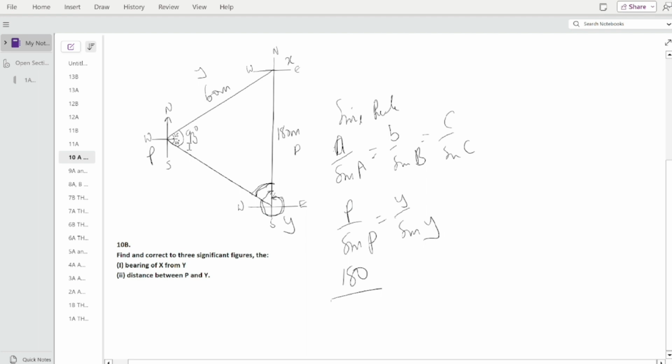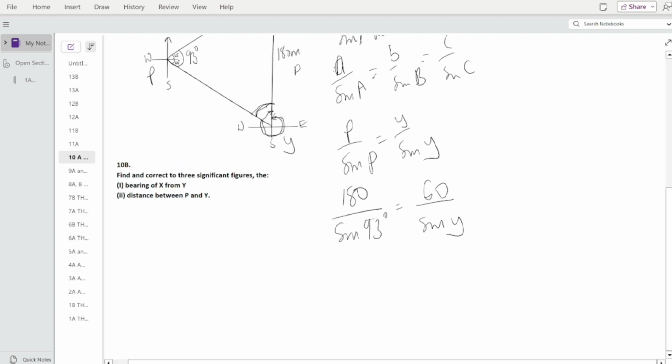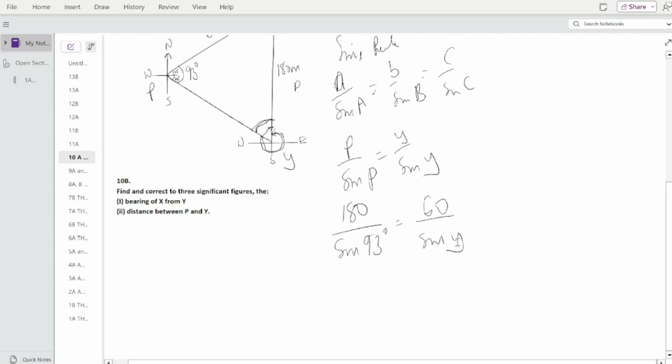We know our angle P, which is the angle opposite the line P, is 93 degrees. So we write sine 93 degrees equals to our Y, small y, is 60 meters, right? 60 over sine. We don't know the angle of Y that we're looking for, is Y. So we can find our angle Y.